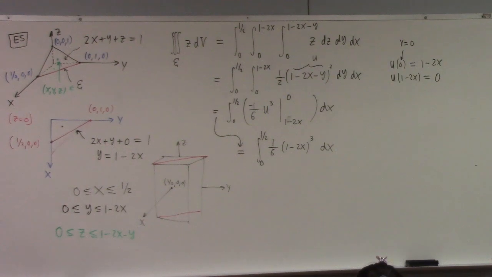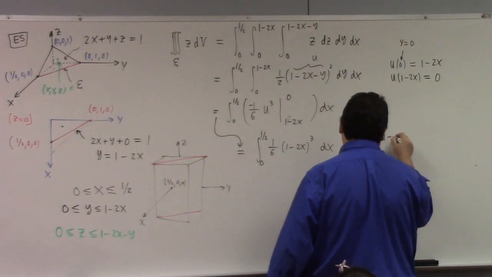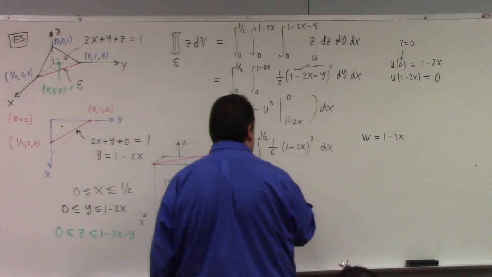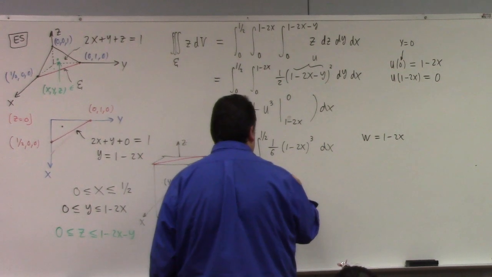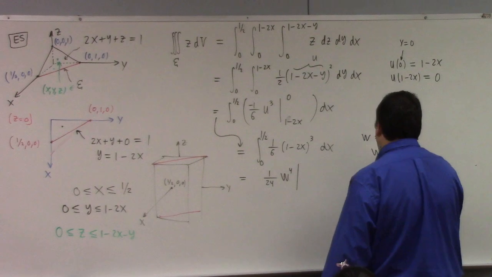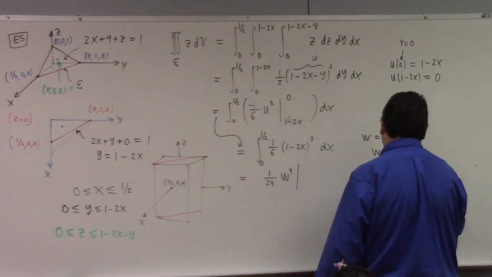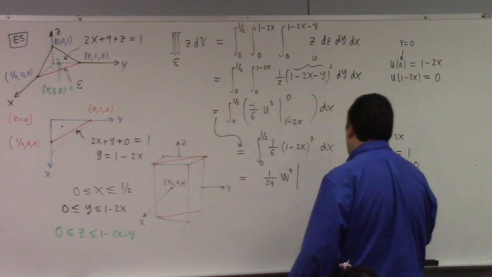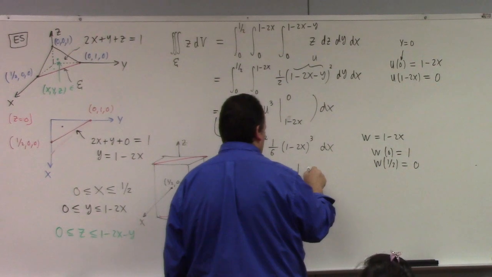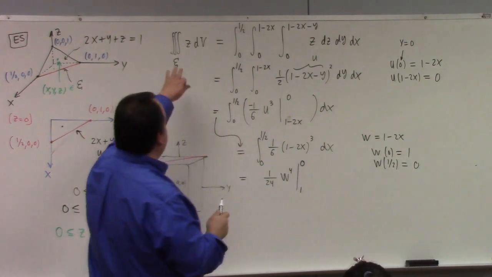Yeah? And then, okay, so we can make a w equals 1 minus 2x substitution. And if I do that, I've got 1/24th w to the 4th evaluated from, let's see here, w of 0 is 1, w of 1/2 is, well, it's 0. So 1, what? Oh, what have I forgotten?